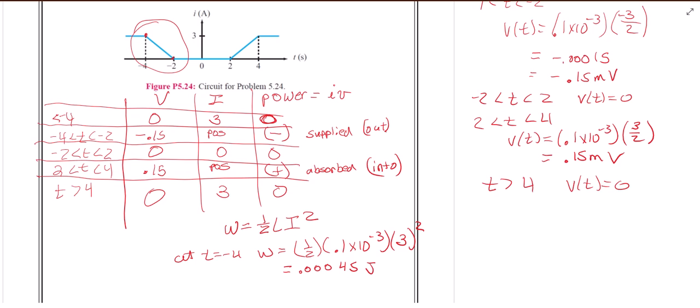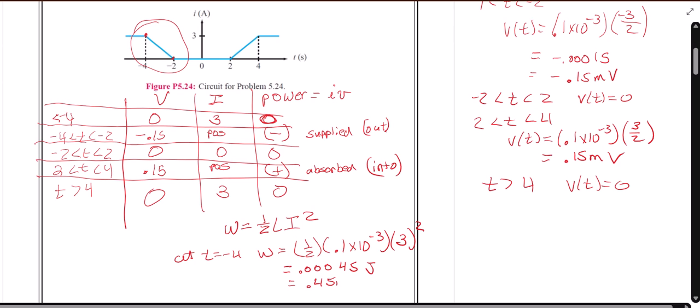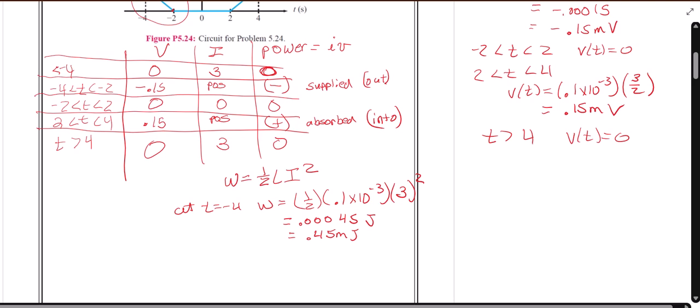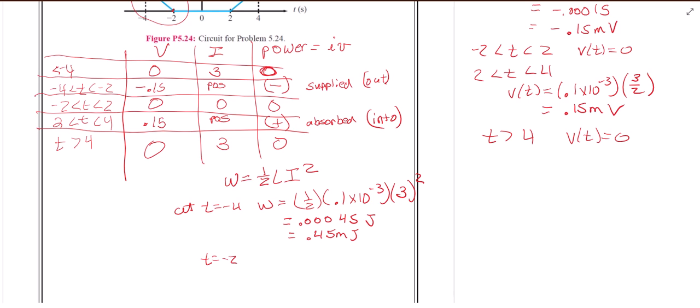So at time t equals -4, it has 0.00045 joules, or 0.45 millijoules. But when it gets to t equals -2, the current is 0. So W equals 1/2 times 0.1 times 10 to the -3 times 0 squared. And so this is just 0. So how much energy was transferred out? 0.45 millijoules was transferred out.